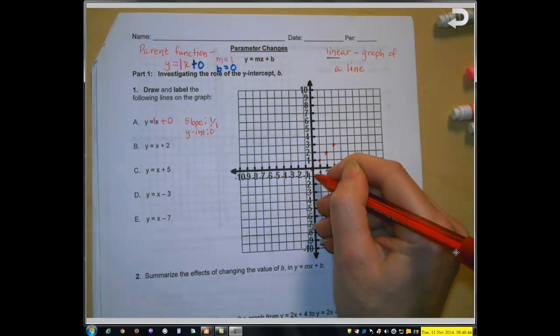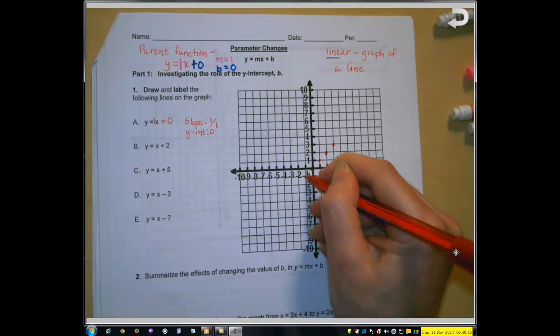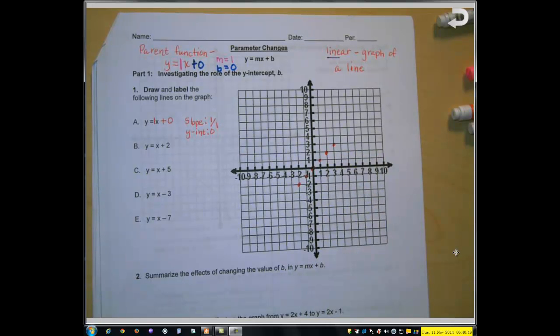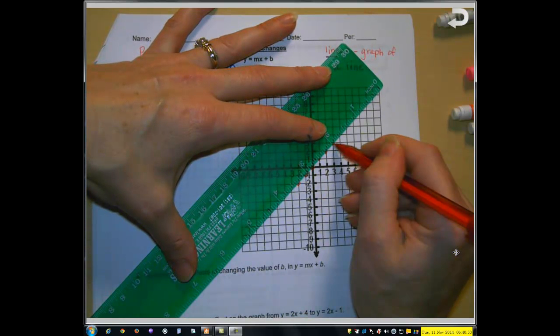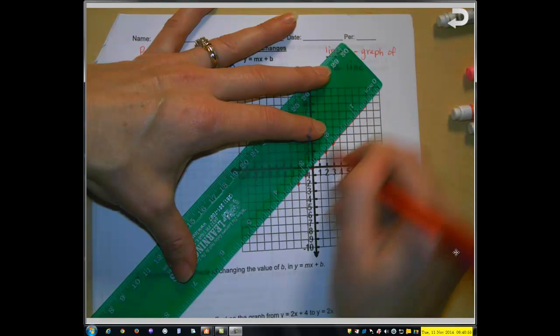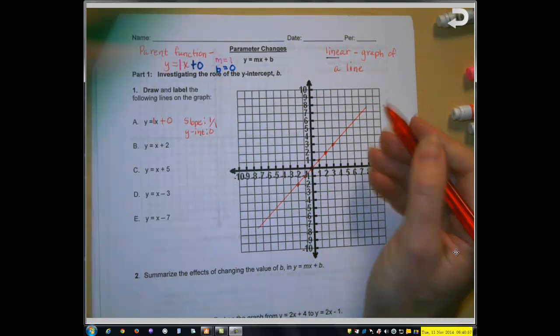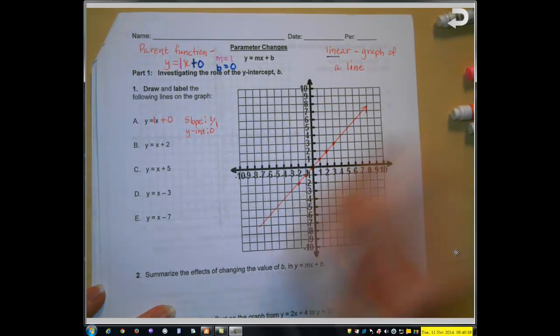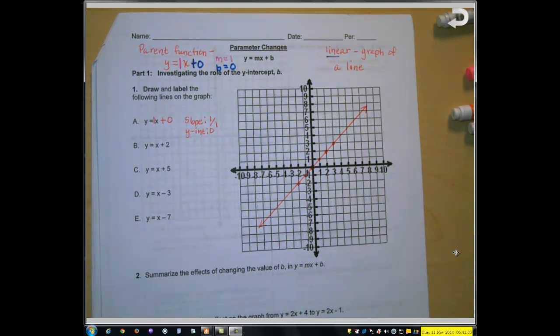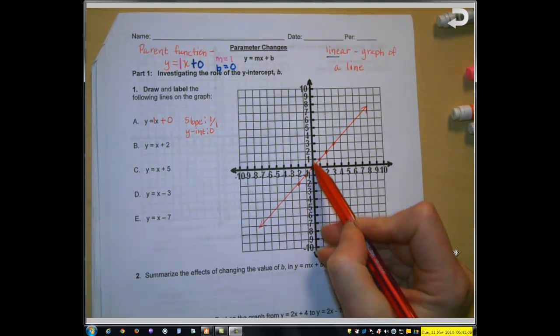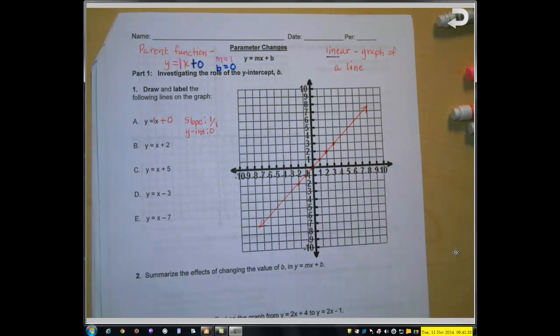And then we'll move down and left a couple of times. And there's our linear parent function. So you can see that the linear parent function goes straight through the origin, straight through the center of the graph, and has a slope of positive 1.